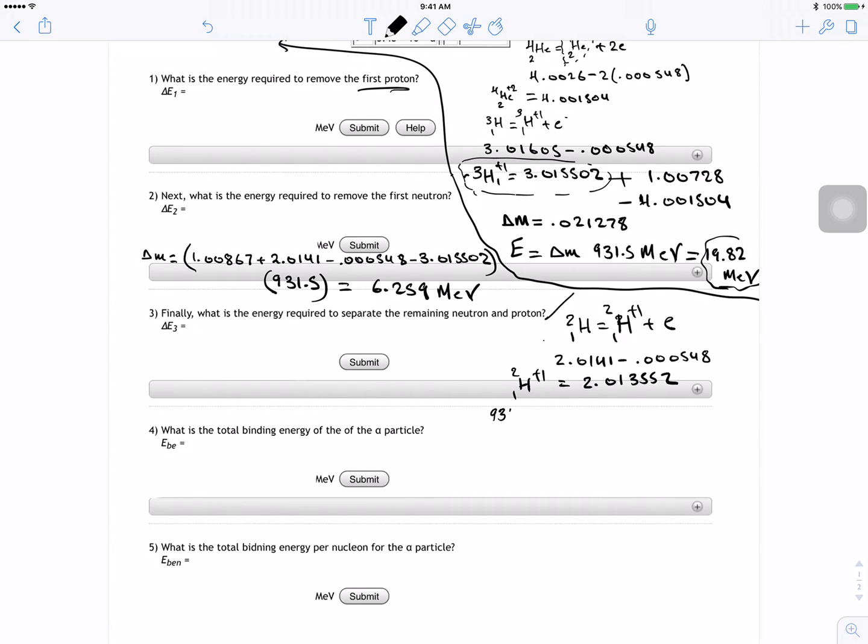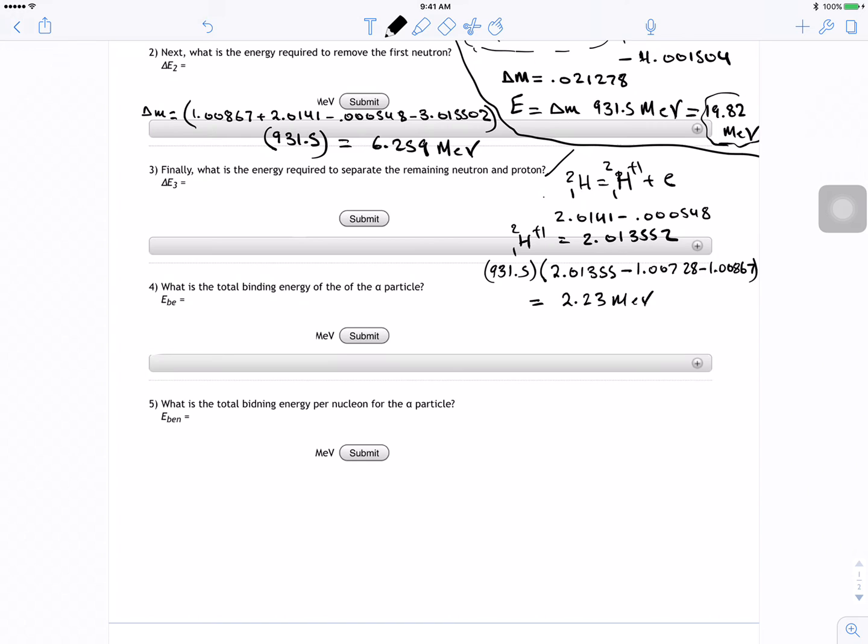Now 931.5 times the difference in mass: 2.01355 minus the mass of the proton minus the mass of the neutron, 1.00867. For this I got 2.23 MeV.